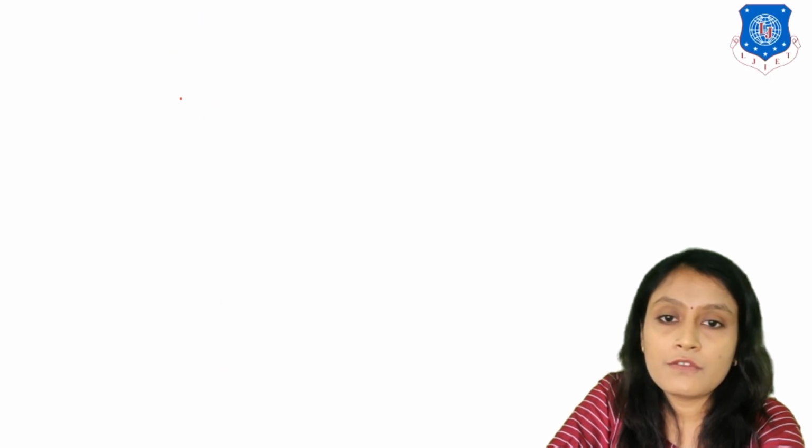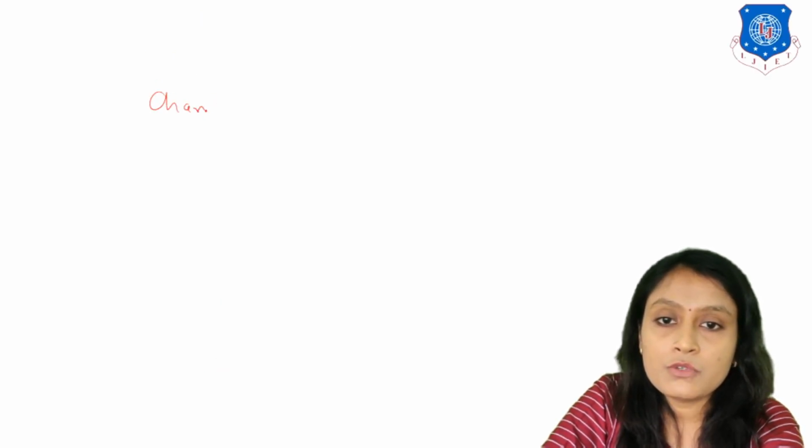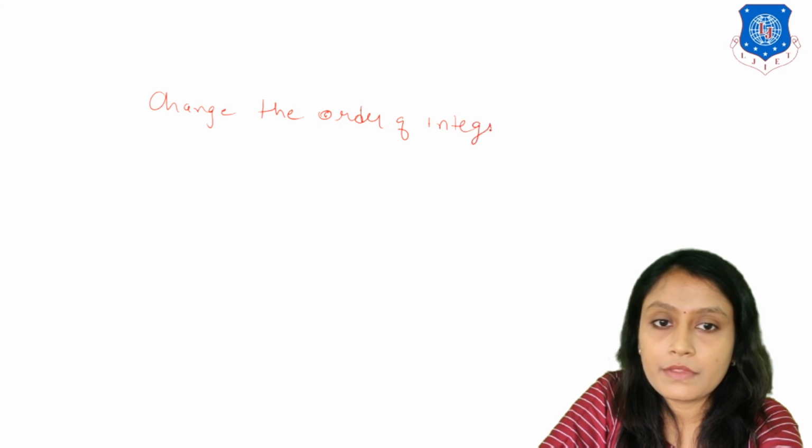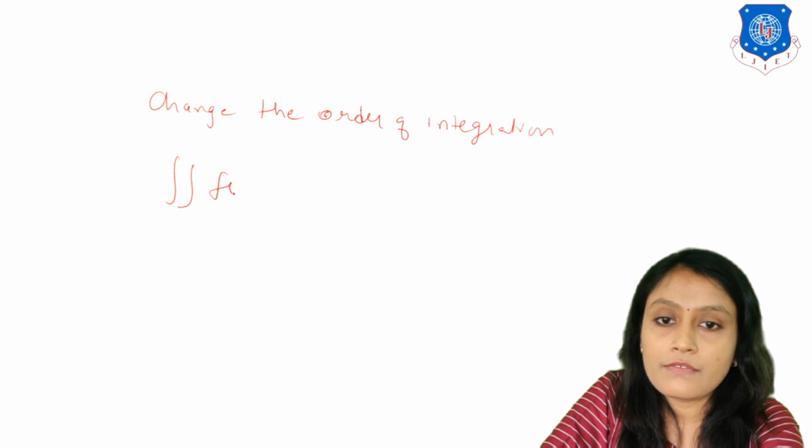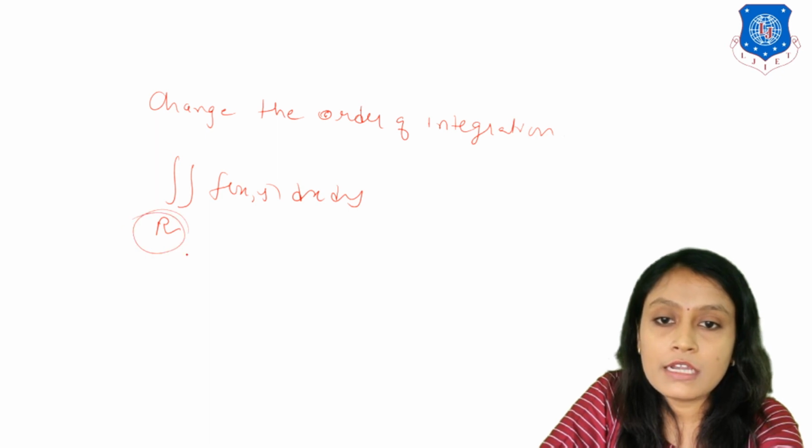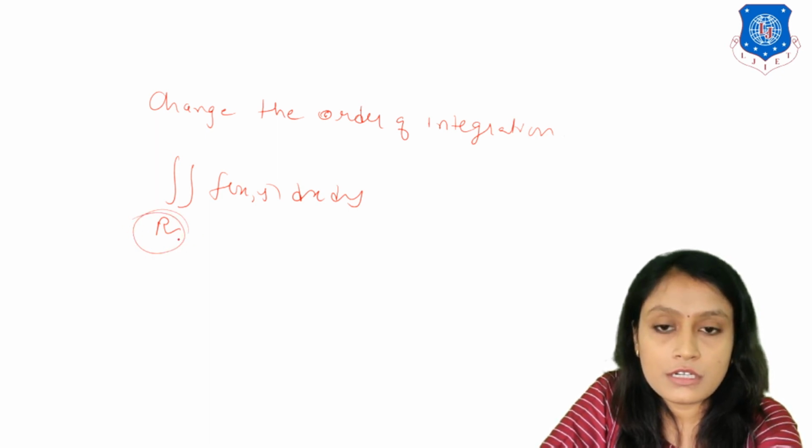So in today's session, what we have studied is how to change the order of integration. Suppose in the question it is given f of x, y, dx dy. Firstly we will draw this region R and check whether the vertical strip is given in the question or the horizontal strip is given.